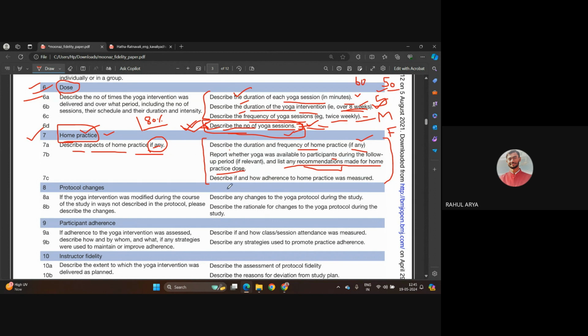Okay. Next is describe if and how adherence to home practice was measured, which the already Hemantji answered. By maintaining the diary, you will measure the record. Okay. Yeah, except Hemantji, others please conclude point number 7.